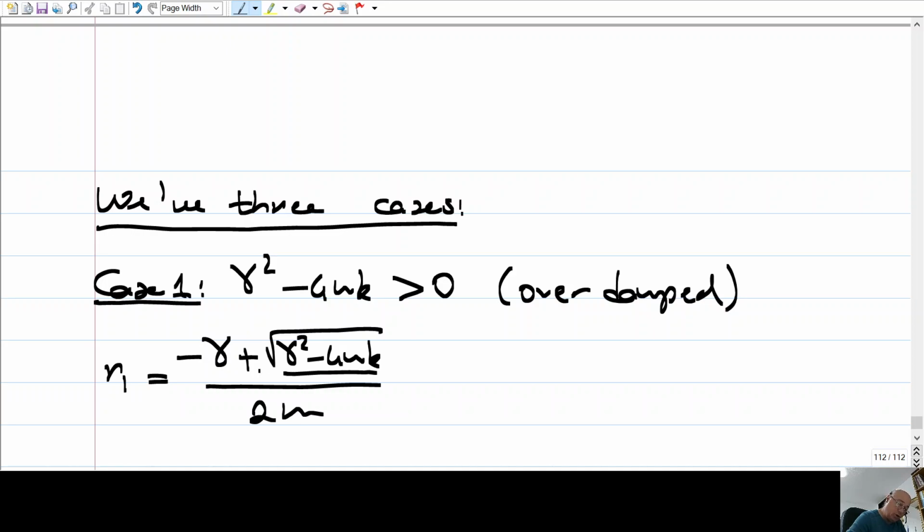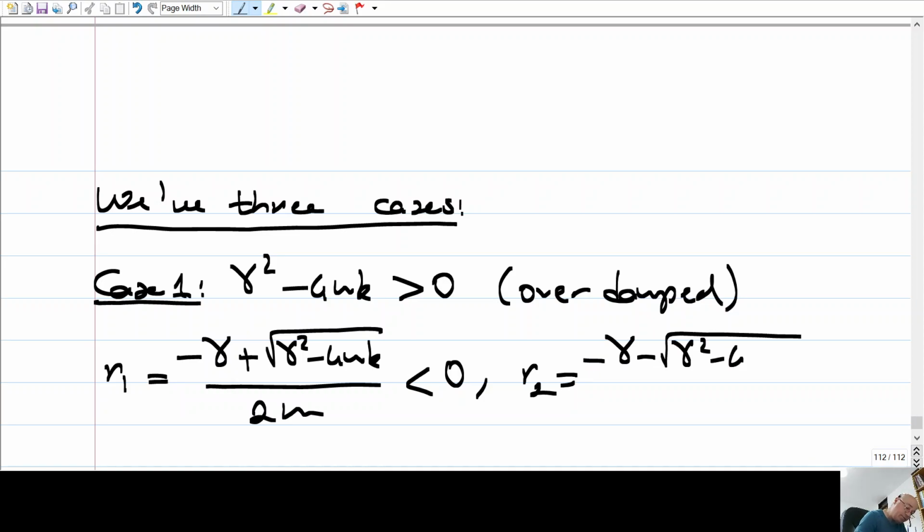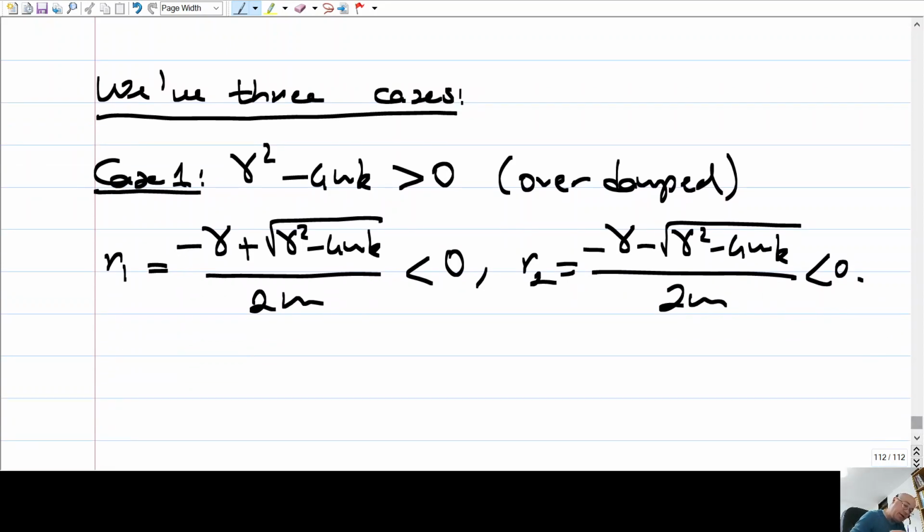Therefore, its square root is less than gamma, and I subtract gamma. Therefore, this is a negative number in total. And R2 is even more negative because this time I subtract. So both roots are negative, okay?